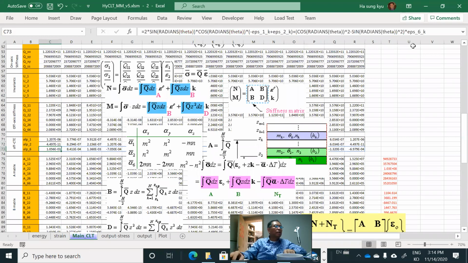Okay, and then this last shear, so 2 times cosine and sine, and then the minus has to be this one, and then this one.